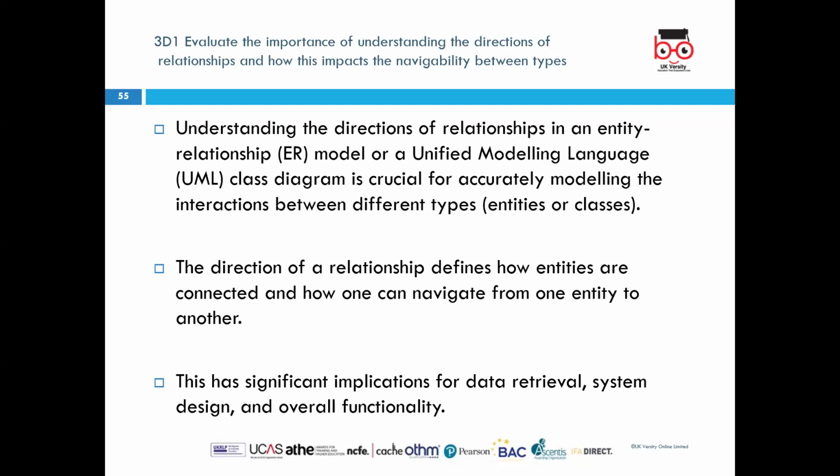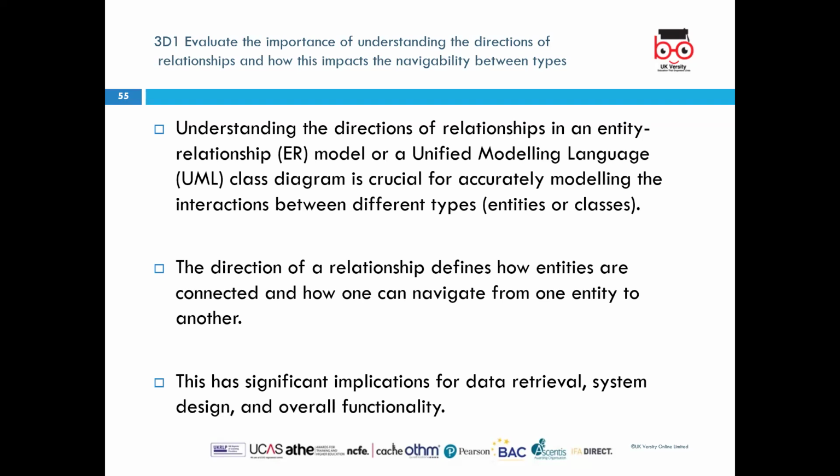So we now see that when we have ER diagram models or unified modeling language classes, these are essential for accurately modeling the interaction between different relationship types, so between different entities or classes.